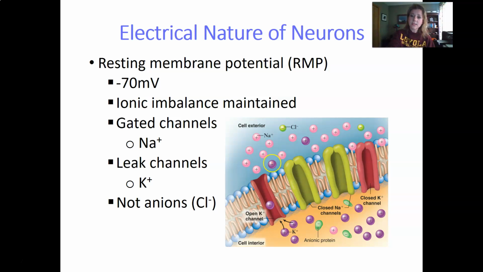And so here you can see that we do have some potassium ions that have leaked out of the cell, and they're in the extracellular fluid, and that is also going to contribute to the negative charge of the intracellular fluid inside of the cell. So not only do you have chloride and anionic proteins, but you also have some positive charge always leaving the cell, which is going to make that intracellular fluid more negatively charged than the extracellular fluid.